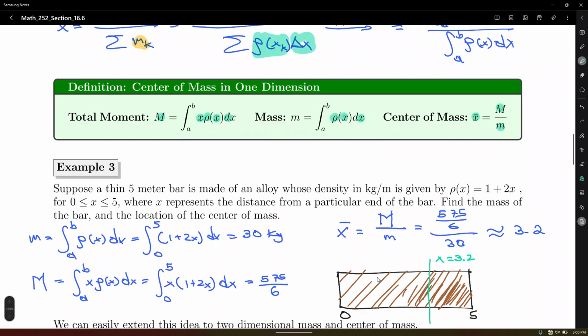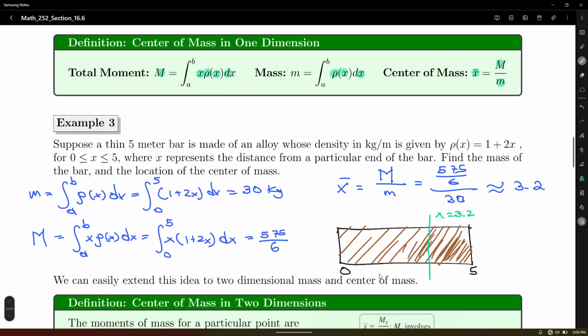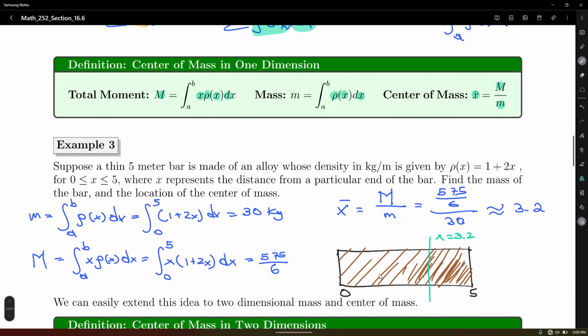Let's have a look at one example to see this in action. Suppose a thin 5-meter bar is made of an alloy whose density is in kilograms per meter. Again, this is a linear density, not surface density or volumetric density.